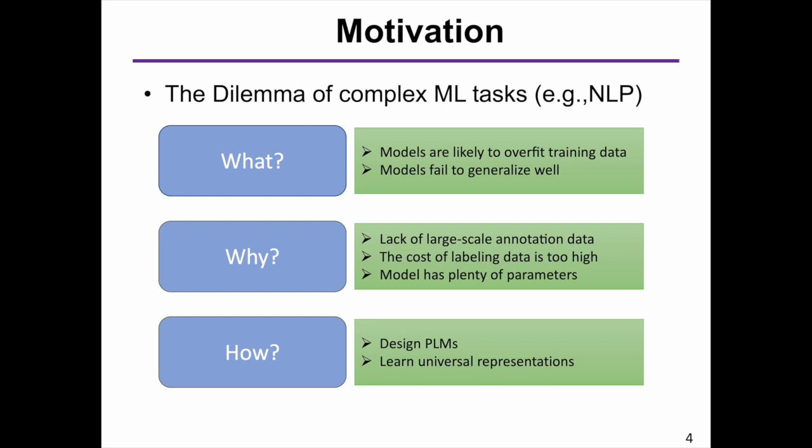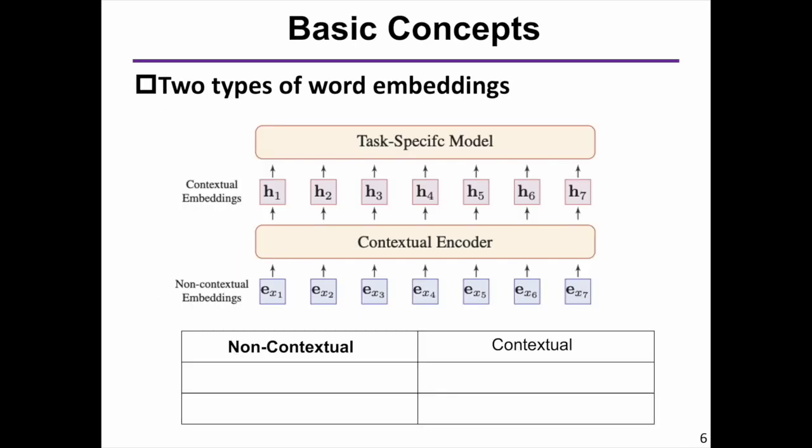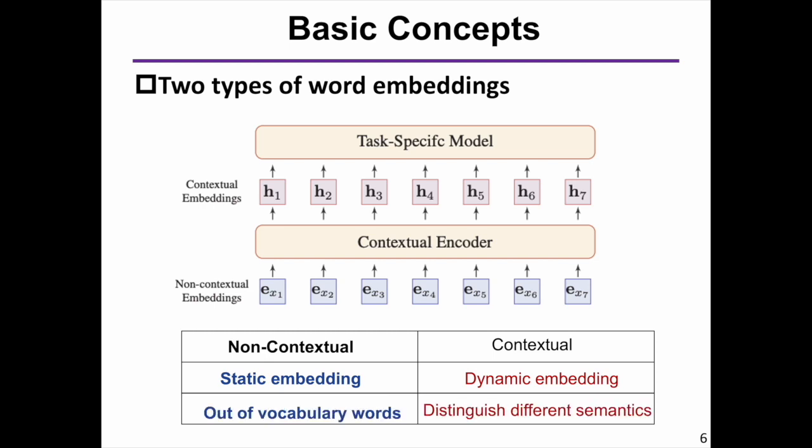To overcome these problems, PLMs are designed to learn unified or universal representations on large corpora so as to benefit downstream tasks. Now we will introduce the basic concept of PLMs, which can generally be classified into 2 categories.